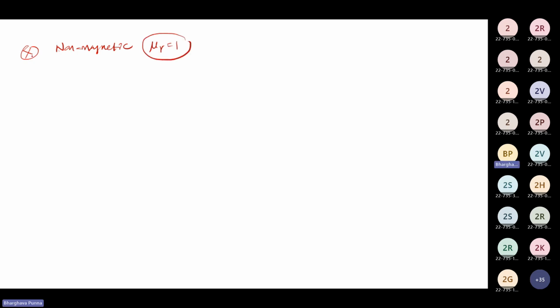Next, they have given E bar in this particular problem. E bar is equal to 4 sin of (2 pi into 10 power 7 t minus 0.8 x) z cap volts per meter. Okay, this is what they have given.